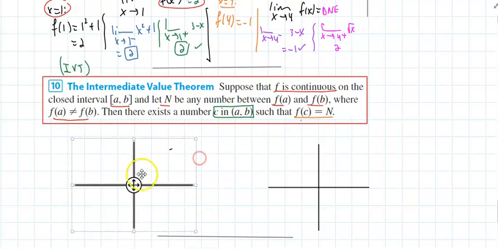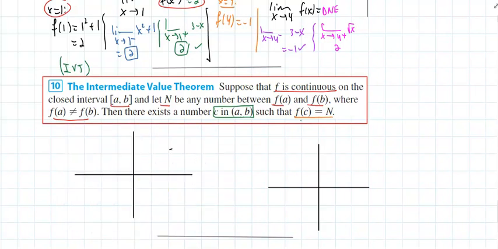Now let me give you a quick graph, really quick, to make things simple. Let's say this is A and this is B. And let's say n is some y value. Now if I say f of A is right there and f of B is right there, and you have a continuous function, any graph, continuous, right?